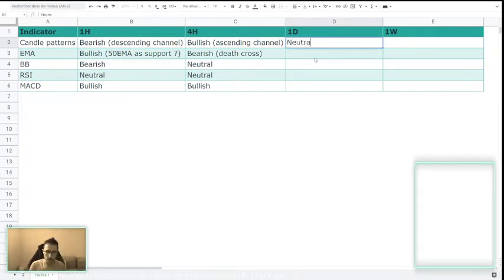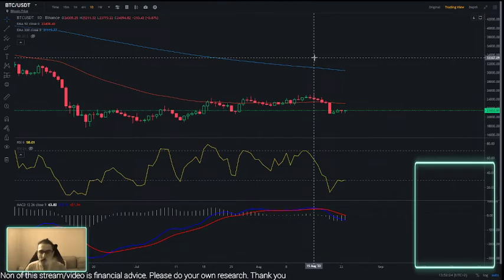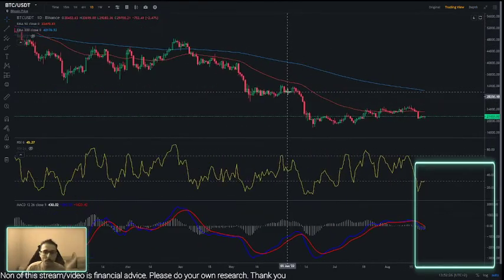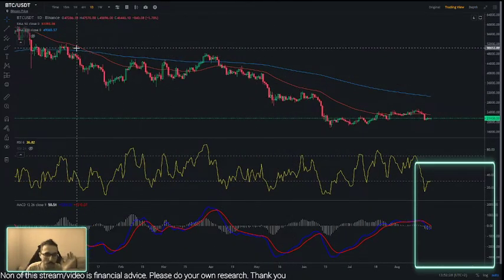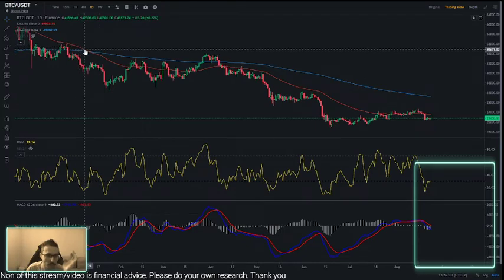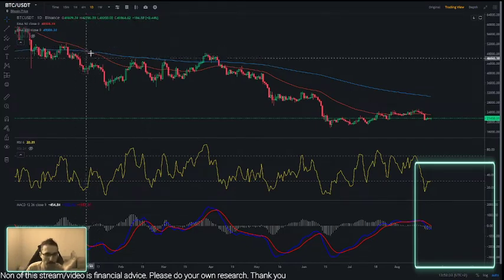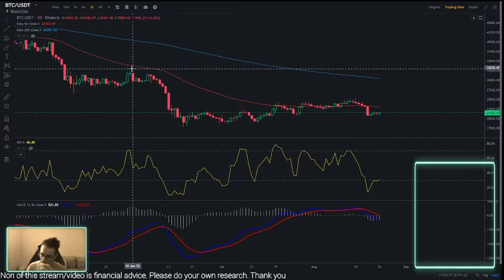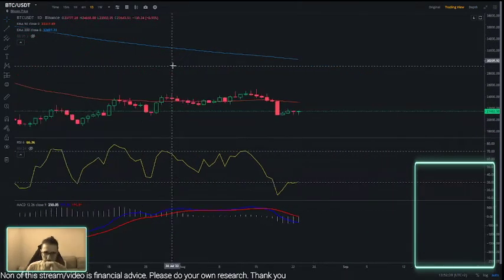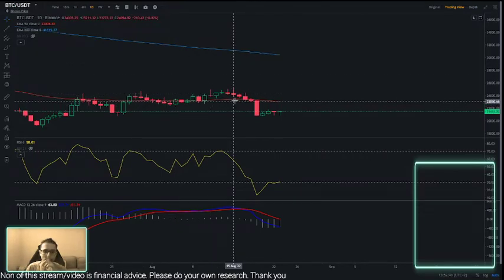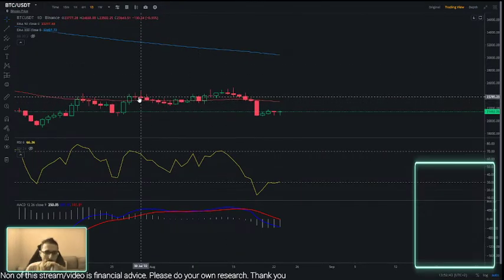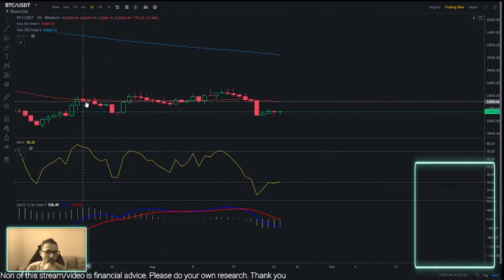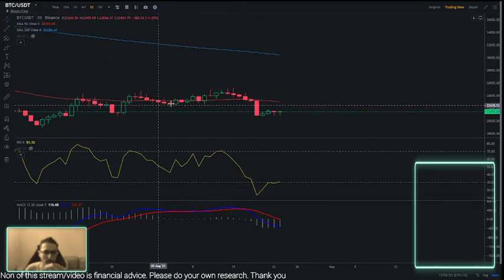So neutral. Now concerning the EMAs, so we all know we've been in a death cross since the beginning of this year and the Ukrainian war, etc., etc. So we're not going to talk about this. Although what we can see is that once again, the 50-day here is a resistance. Here was a support which we have been playing with.